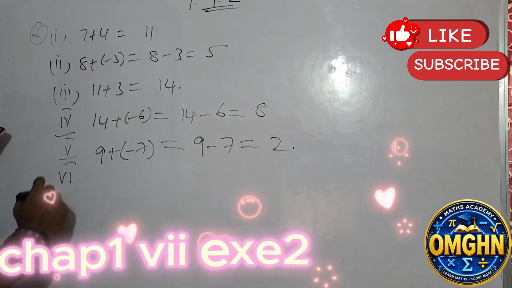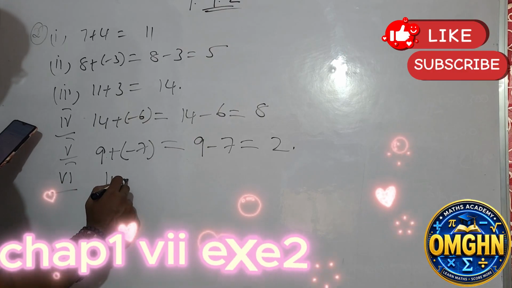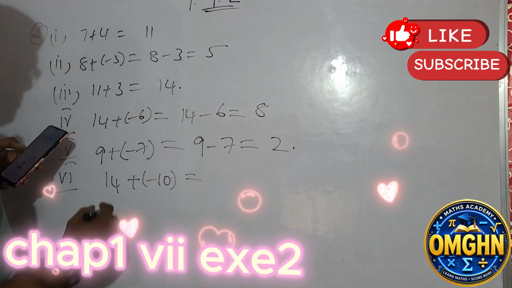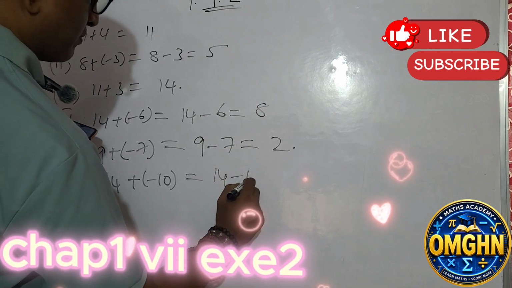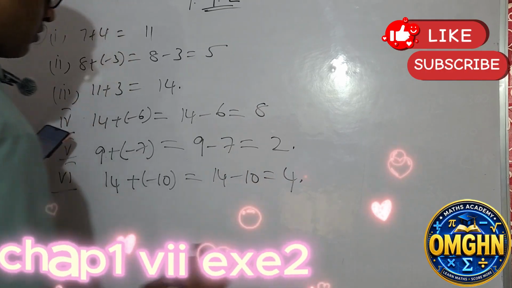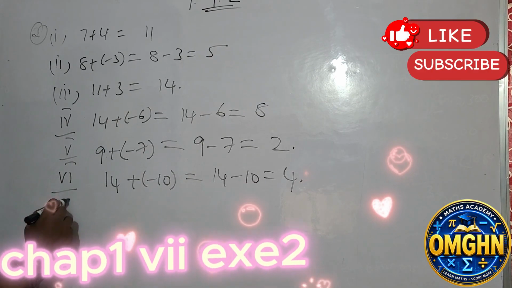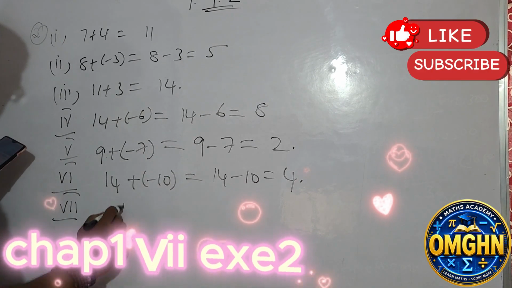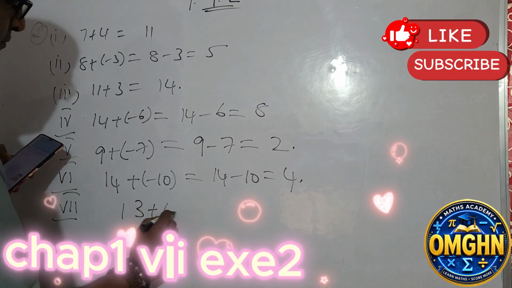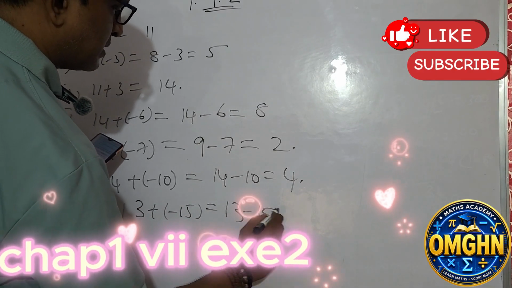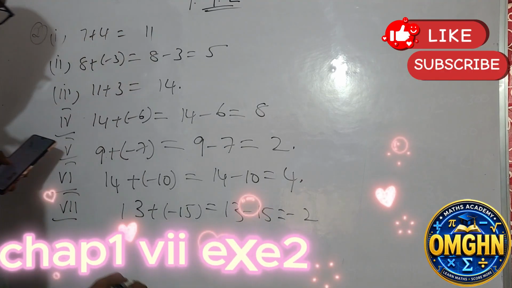Next, sixth one: 14 plus minus 10. Plus into minus, minus. 4. Seventh question: 13 plus minus 15. Minus 15, that is equal to minus 2.